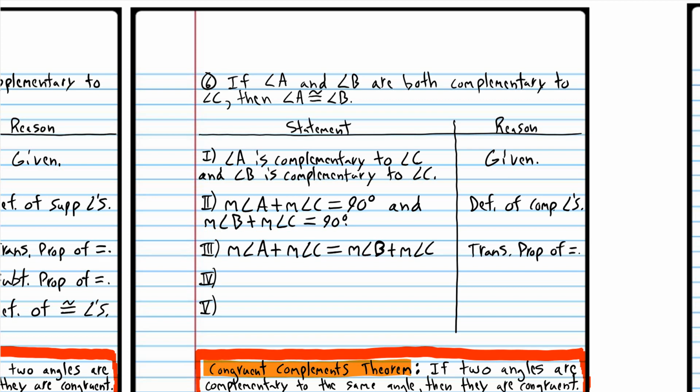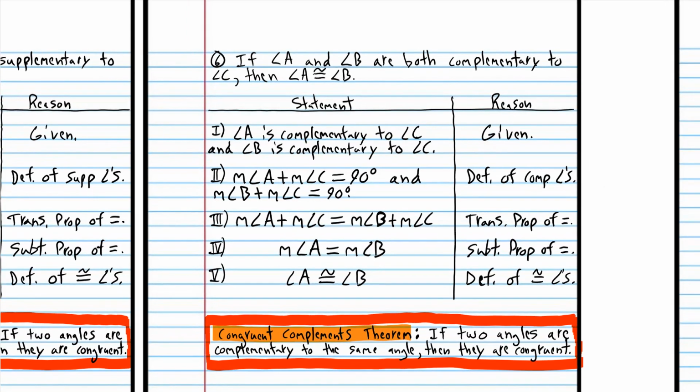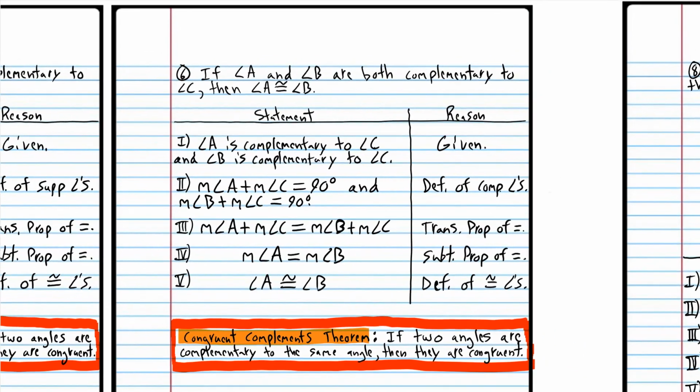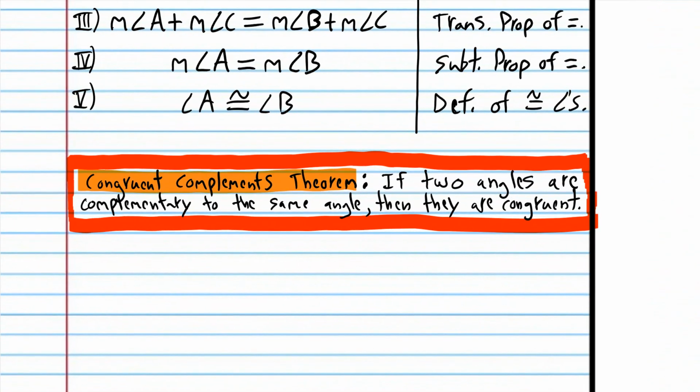Subtract measure of angle C from both sides, and we get measure of angle A is equal to measure of angle B. Subtraction property of equality. And then obviously angle A must be congruent to angle B, and that is just the definition of congruent angles. So if you got those answers, good job. And again, that is the Congruent Complements Theorem.